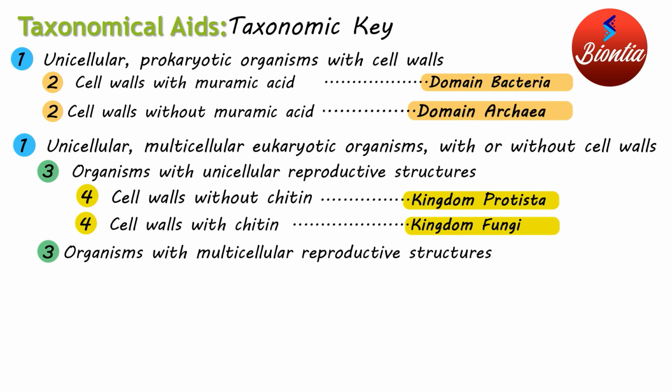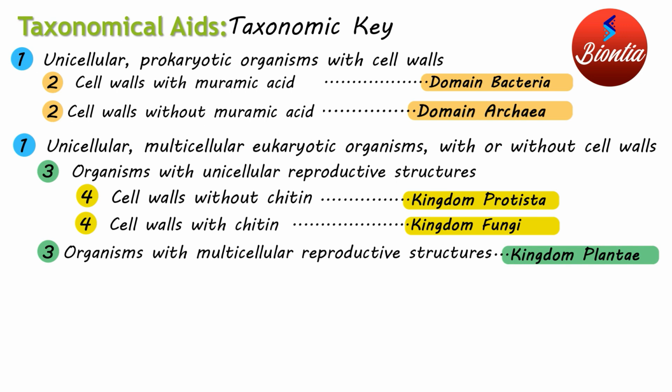Now let's say the second statement of couplet 1 is applicable, but in the case of couplet number 3, the first statement is not applicable. Suppose the organism with multicellular reproductive structure is applicable, then what happens? The organism with multicellular reproductive structure may belong to Plantae, or it may belong to Animalia.